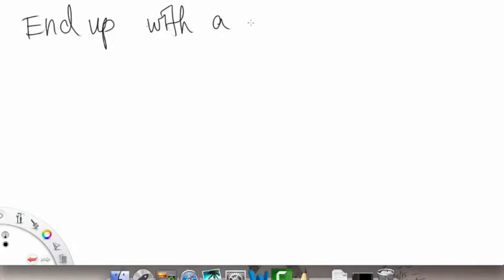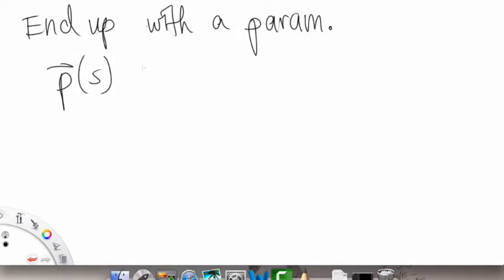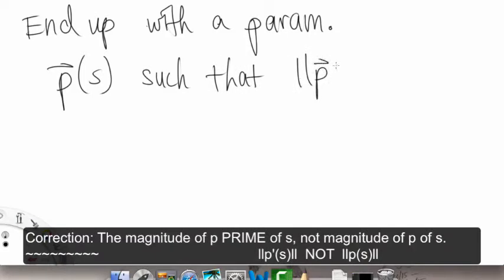So we're going to end up with a parameterization that looks like P of S, such that the magnitude of P prime of S is always going to equal 1. Now see how S is our new parameter.